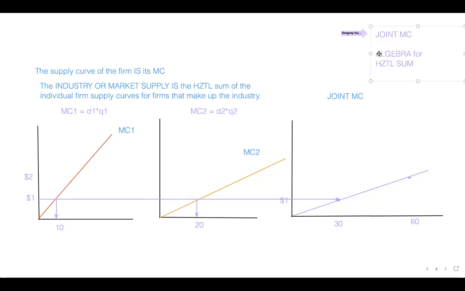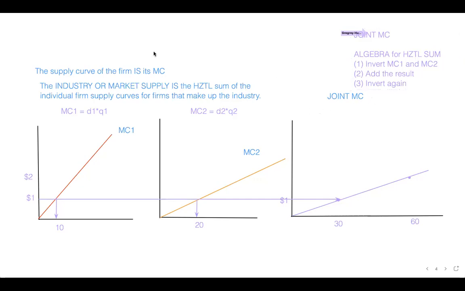What you have to do is a process where step 1 is invert MC1 and MC2. Step 2, add the result. And step 3 is invert again. If you follow steps 1, 2, and 3, then you'll get a joint marginal cost function.